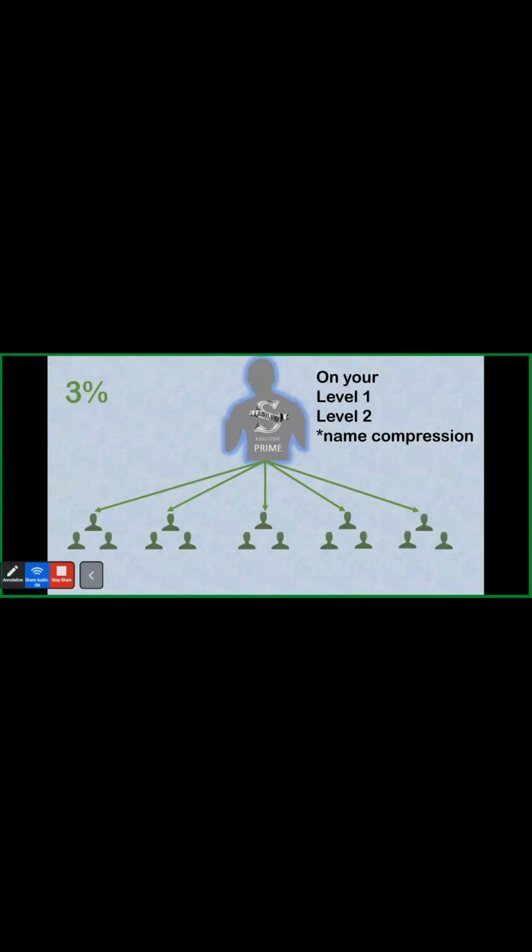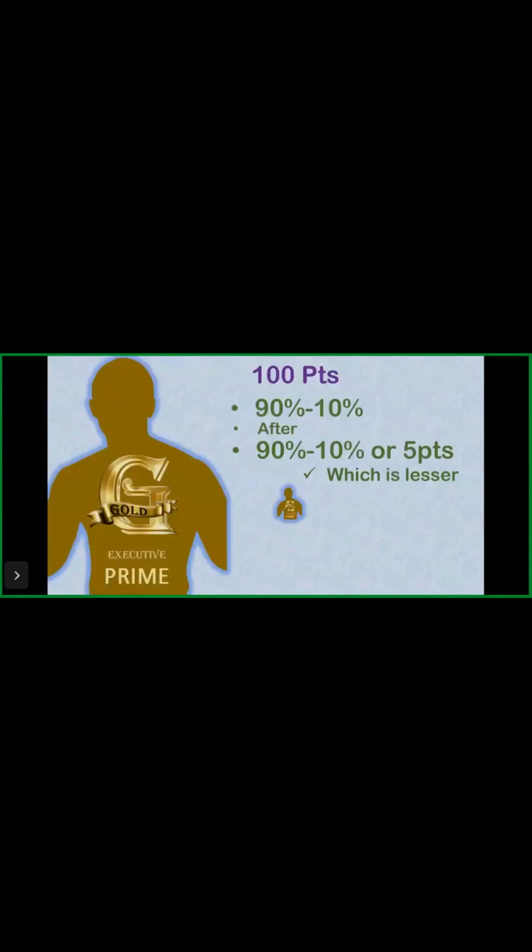The same thing happens with the gold executive prime. If you develop a new, or if you are a gold executive prime, your income increases by 5% on stair-step, unilevel, UPP, my rebates, nini, hizo vitu zote. Your income will increase. So badala ya 20% of the total company's profit, yours will be 20% plus an additional 5%.